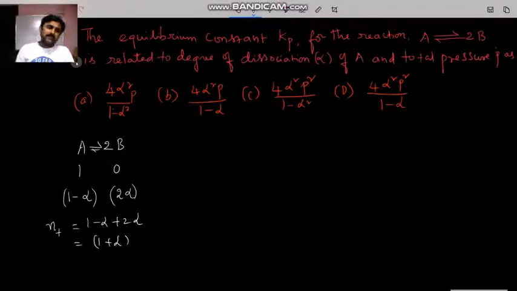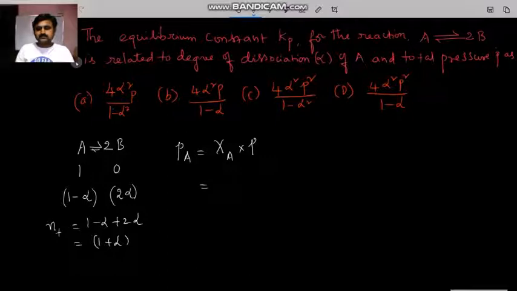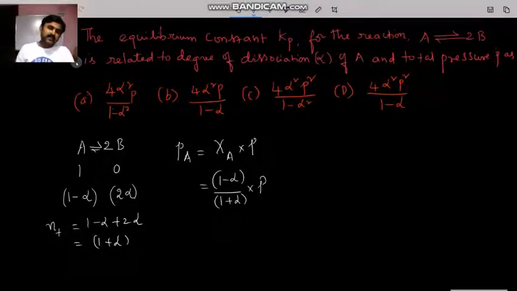From the given equation, what is the partial pressure of A? Partial pressure of A is the mole fraction of A times the total pressure, given as P. XA, the mole fraction, is the number of moles of A, 1 minus alpha, divided by the total number of moles, 1 plus alpha, times the total pressure P. So this is PA.